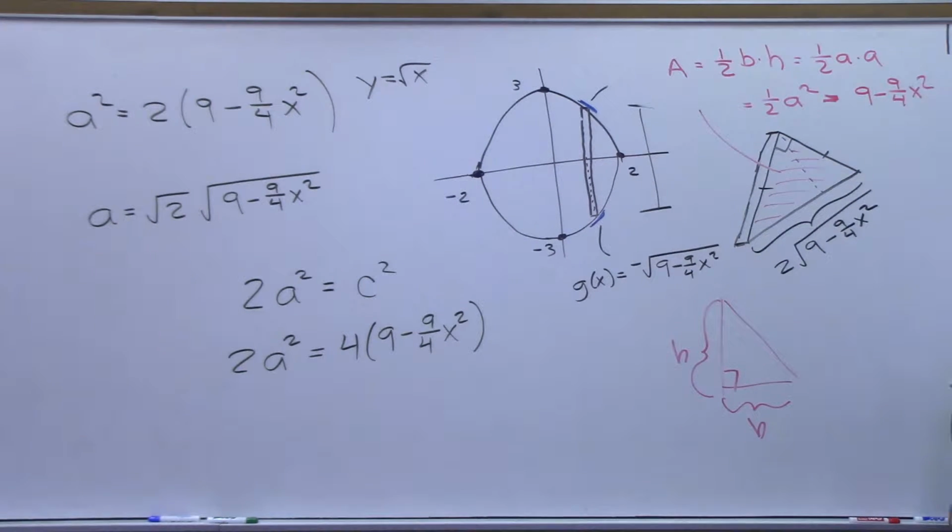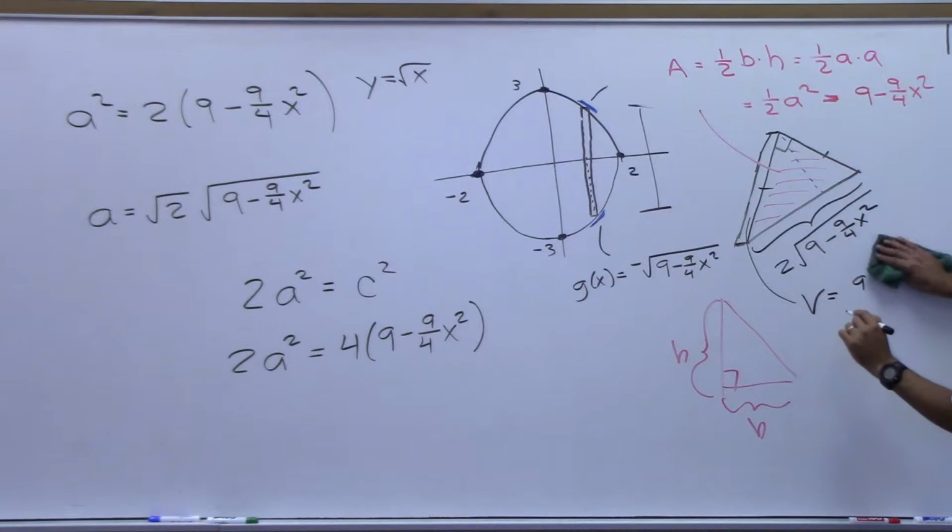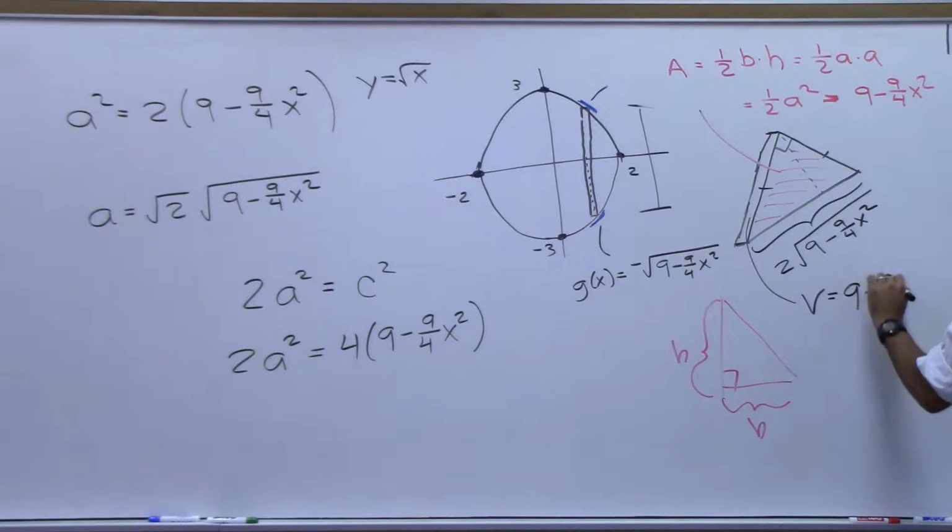Right? So the volume of this is going to be 9 minus 9/4 x squared times dx. Right? I'm out of room. That's the volume of that one little infinitesimal sliver slice thing.